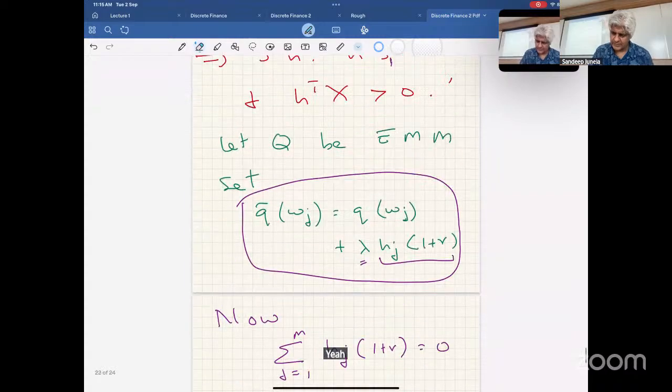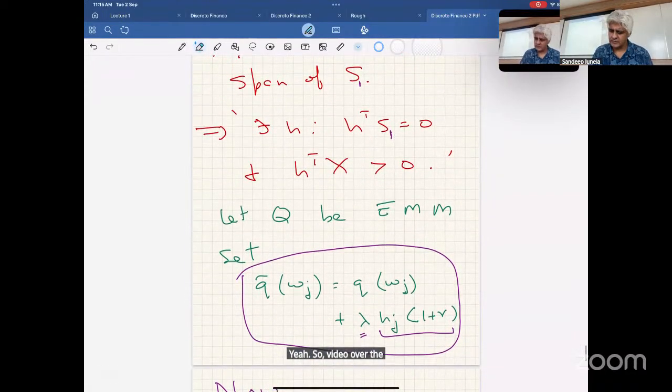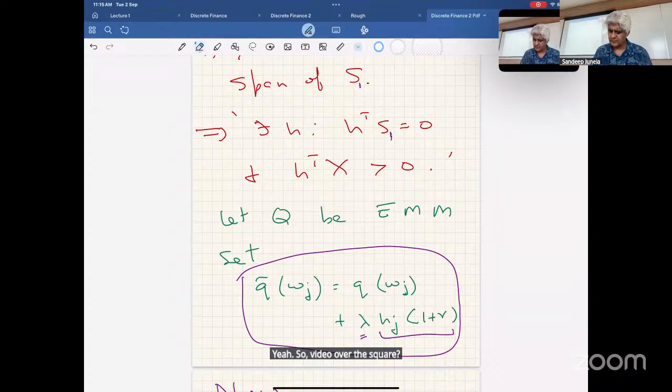So here, where we use the assumption that the product of H and X is strictly positive, where have we used it? I mean, H is outside the standard position. We didn't really need it. No, that's right, we never really used it.